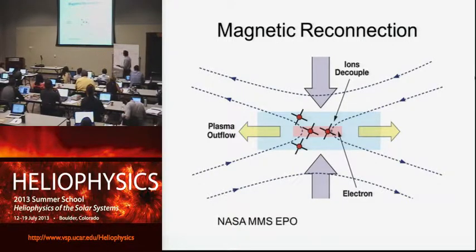And this MMS cartoon with the 4 spacecraft, from this picture, could you tell me what the separation is of the MMS mission? How far apart would you want the spacecraft if you're trying to actually observe reconnection, where the actual field is going away and you start having the flows?